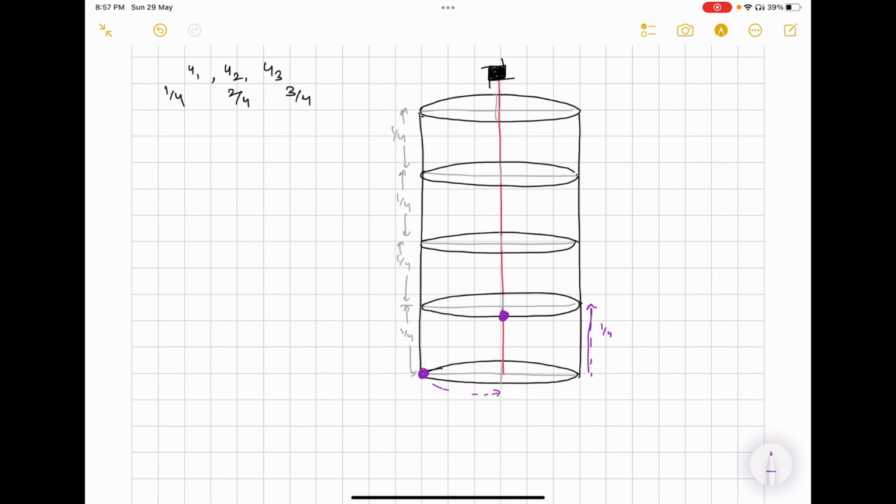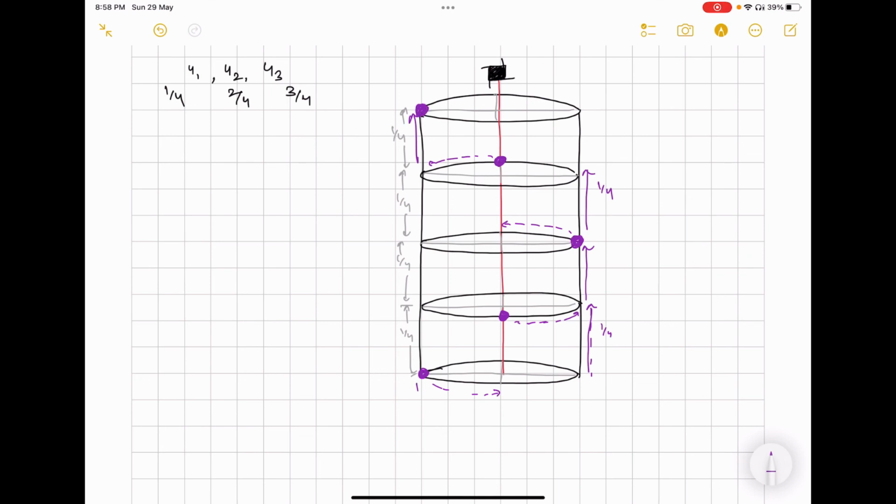Now this rotates by 90, reaches here and then translates by 1 by 4 to reach here. Now this rotates by 90 and then translates by 1 by 4 to reach here, and then this rotates by 90, translates by 1 by 4 to reach here.